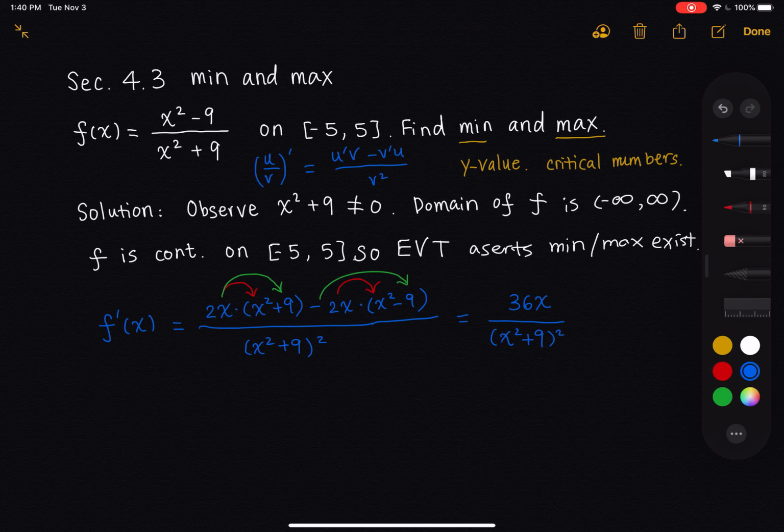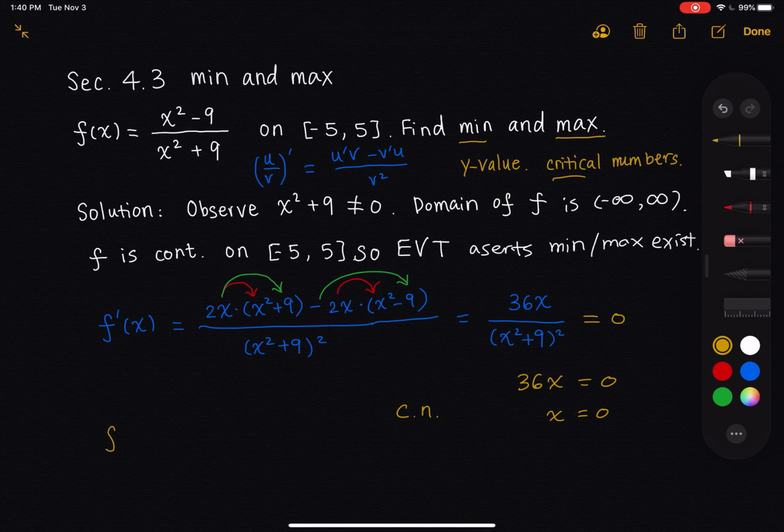So in order to find the critical numbers, we need to set the derivative equal to 0 and solve for x. And how do you solve it? Okay, you multiply both sides by the denominator, you will get 36x equals 0. Therefore, x equals 0 is a critical number.